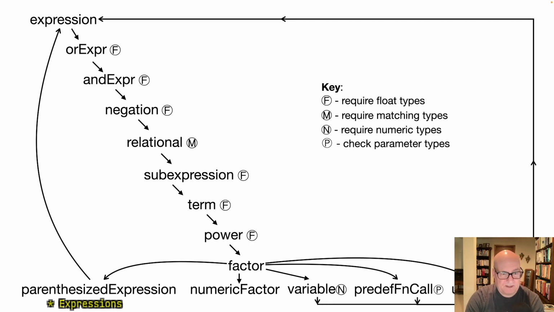All right, then the other thing I did was some analysis to say what kind of type checking is going on basically. So or expressions and and expressions, they require floating types, numerics. Okay, you can't say $A and B, or quote this and quote that.